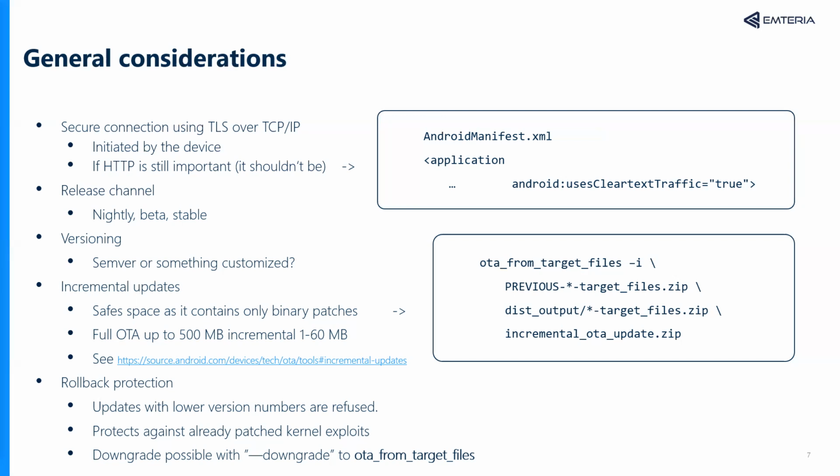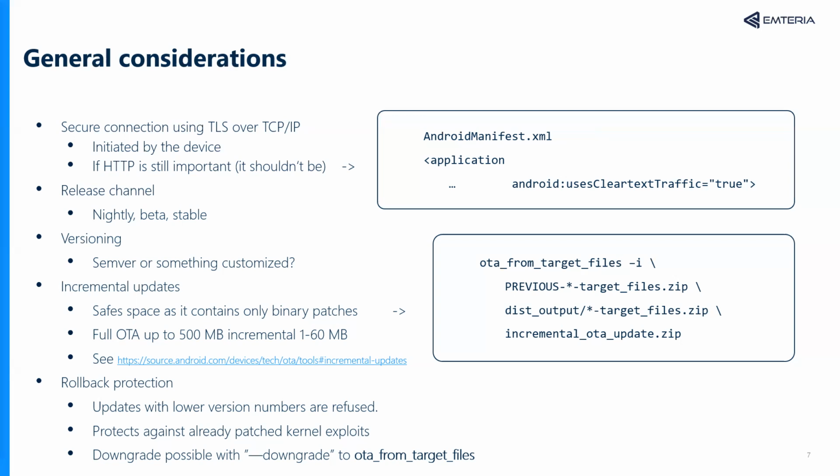The full OTA update, when you build it, can be up to 500, 700 megabytes, depending on the device, while the incremental update for the same device can be 5 or 6 megabytes. This only contains the binary diff, a binary patch, which is applied on the device, block-based. And I think it's a really nice thing to have. We did not roll it out for all of our supported boards right now, but we are working on that.